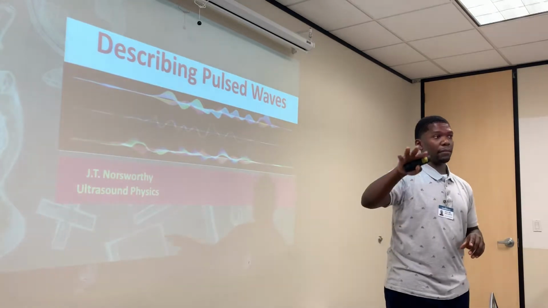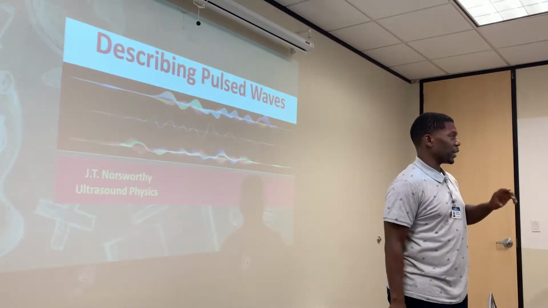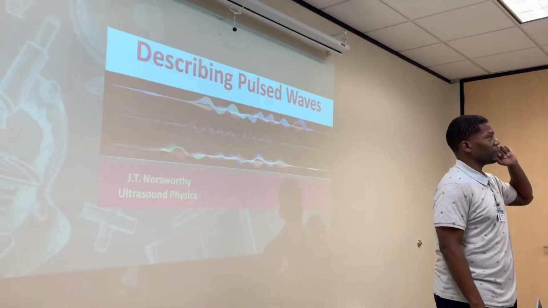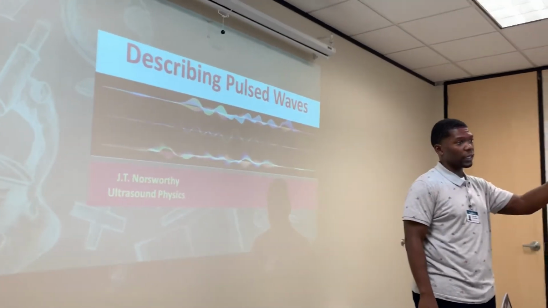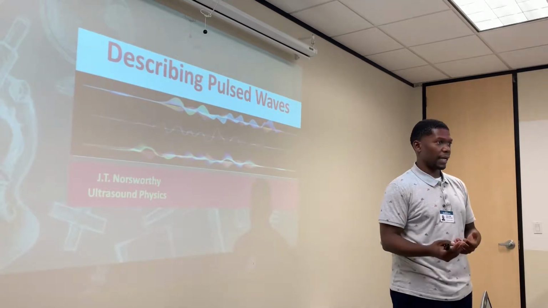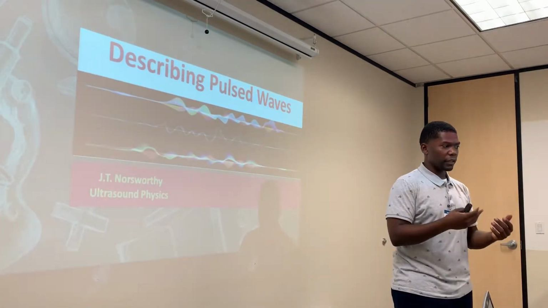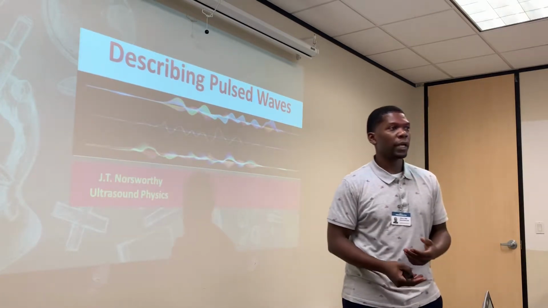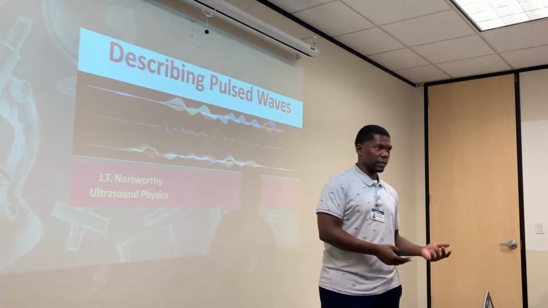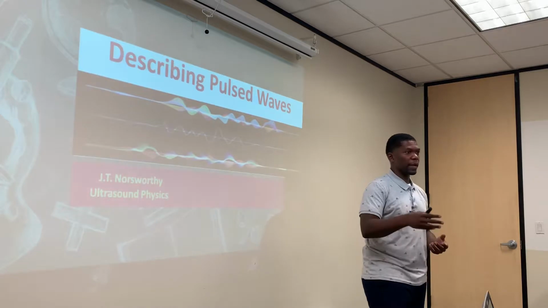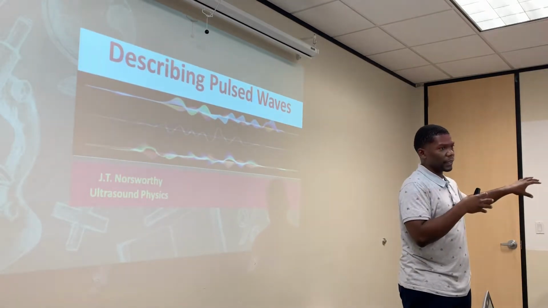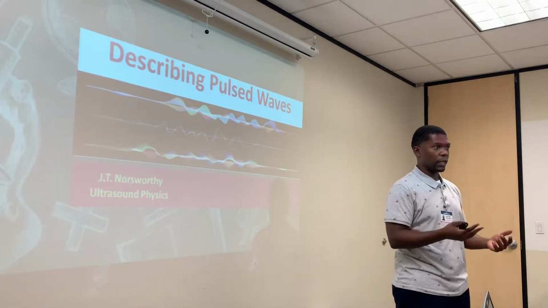So if it reflects like bone, it's going to come back real intense and be displayed as white. If it's something like fluid, it's going to be displayed as black. All the other soft tissue structures are going to be represented by a shade of gray, which is why a fatty liver, for example, is going to come back brighter, because it's reflecting back at a higher intensity than, say, the kidney.